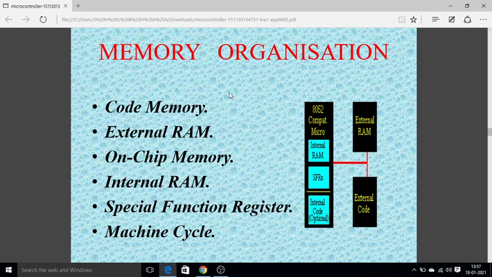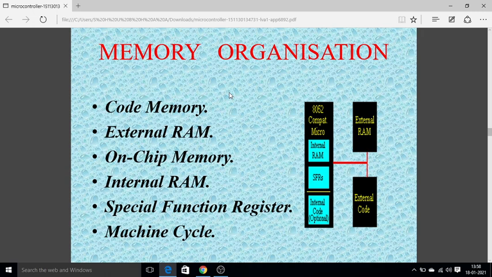Coming to the on-chip RAM of the 8051, that is the random access data memory, it has 128 bytes on chip, and it can be used for the special function registers and to store data. The 8051 can also be interfaced externally with one more 128 bytes of memory.